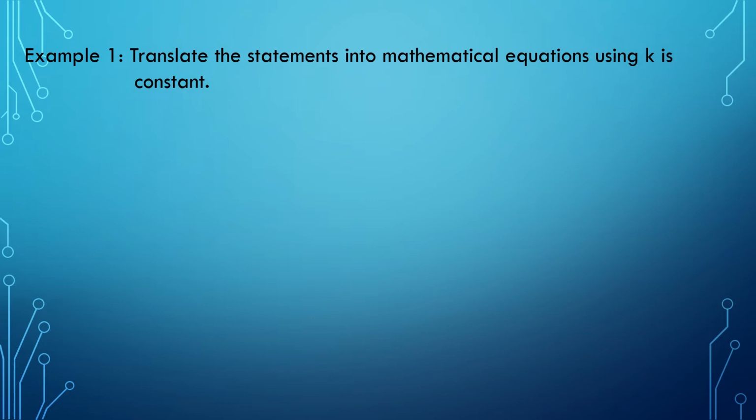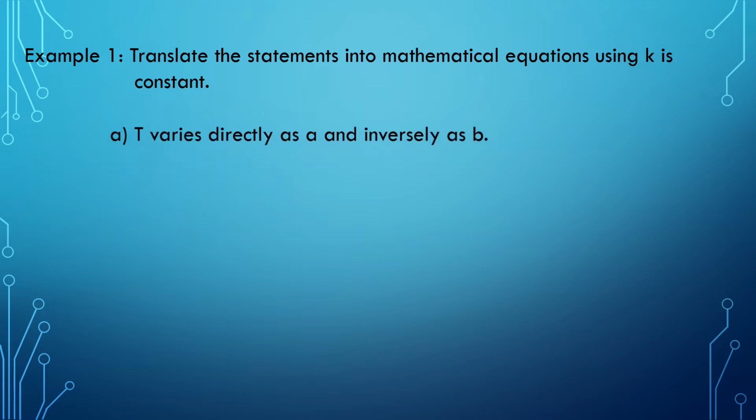Okay. Example number 1. Translate the statements into mathematical equations using k is constant. Okay? So, mag-translate ta. Na mga given na mga statements, i-translate na to into mathematical equations. Okay.